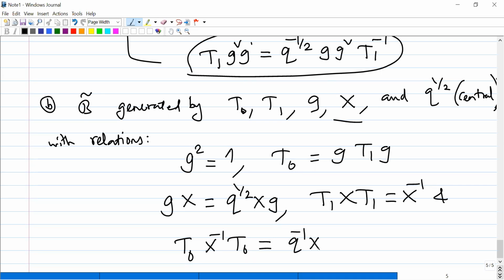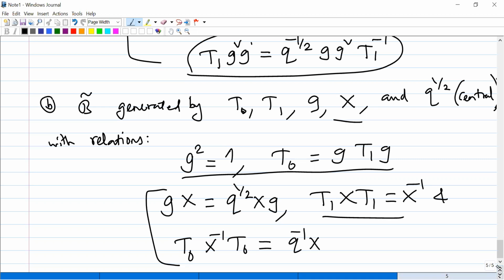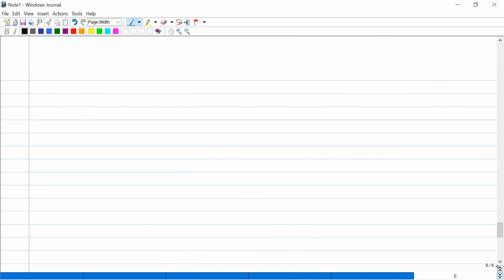Okay, so you can see that this corresponds to one braid group, and this corresponds to the other braid group. Okay, and this is saying how these two braid groups interact. Okay, so now similarly I can change the generators in the first braid group. Okay, that is G and T naught, and then we can get another presentation.